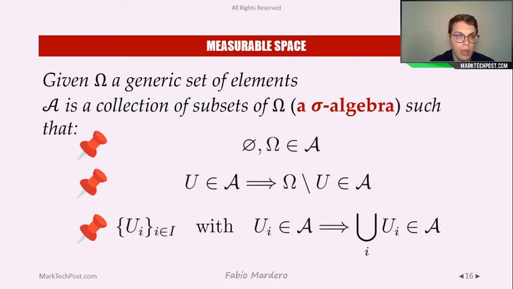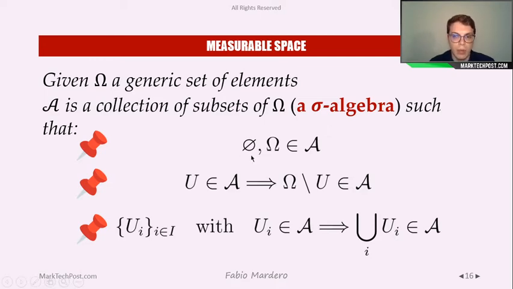Here we will always think about a generic set of elements, omega. And in omega, we define a collection of subsets of omega, such that these three properties are true. Then this collection is said to be a sigma algebra on omega.